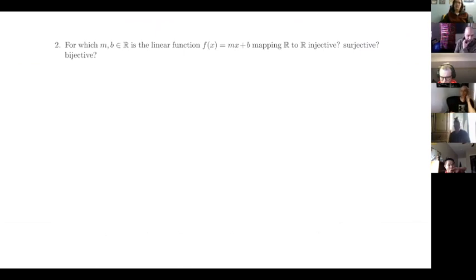Here we're taking a look at the function f of x equals mx plus b. And what we want to think about is, for what values of m and b would this map be injective, surjective, or bijective? So what might be useful here?